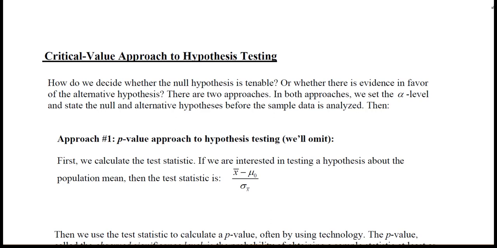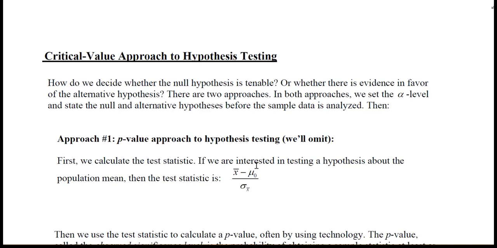The general idea is we're going to calculate something called a test statistic. If we are interested in testing a hypothesis about the population mean, then our test statistic is going to be the sample mean minus the benchmark population mean. That's the value that we're testing that shows up in our null and alternative hypotheses.